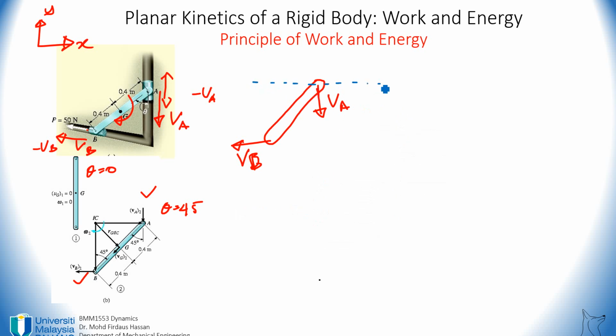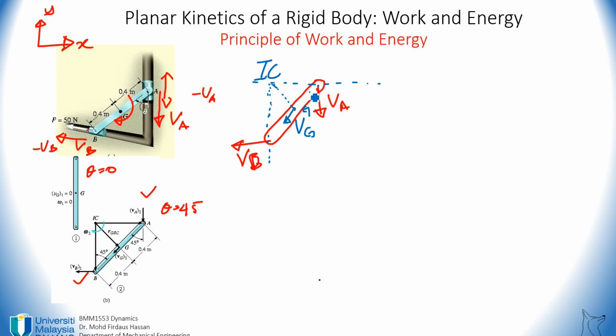You draw 45 degree from this point, also 45 degree from point B. So this is point IC. If you know the point IC, you can calculate all the velocity on this rigid body. Let's say you have G here. You can calculate the VG. Draw the straight line from IC to G, and this is VG.